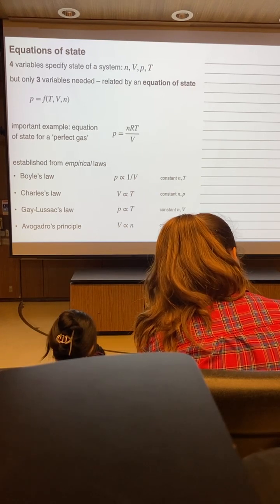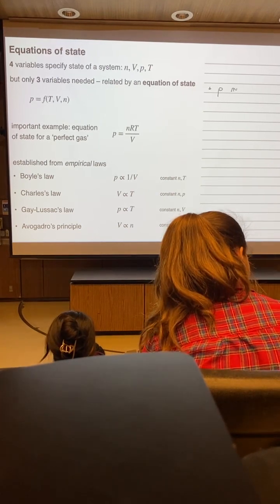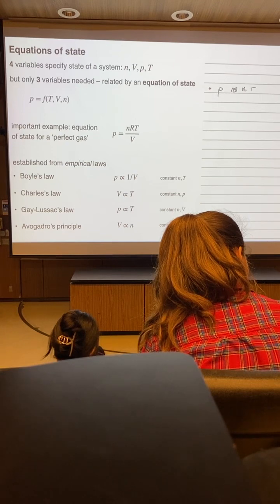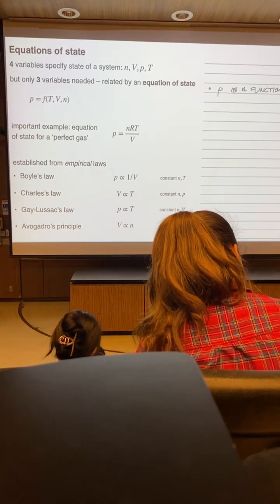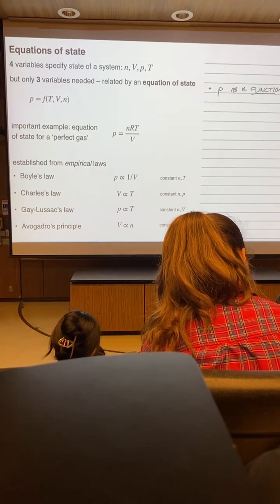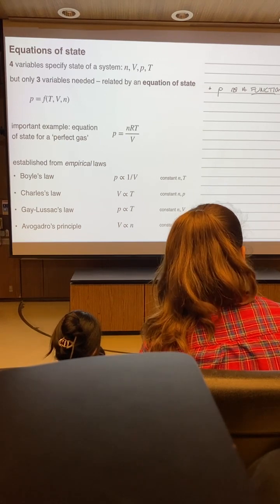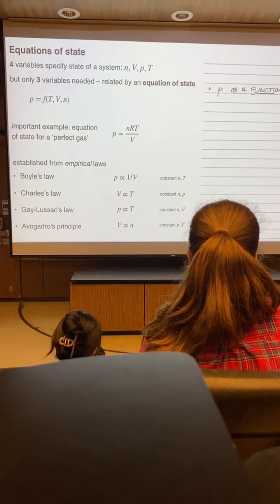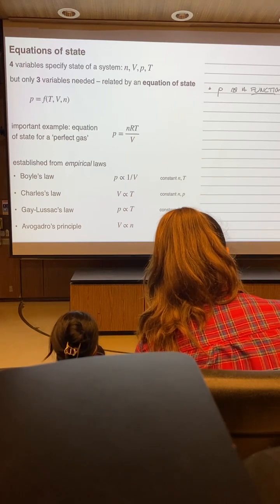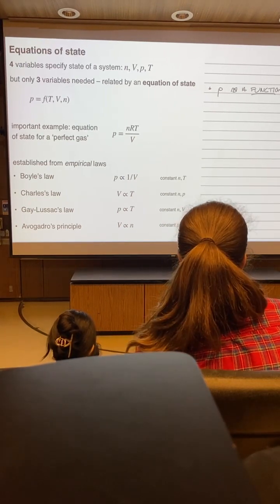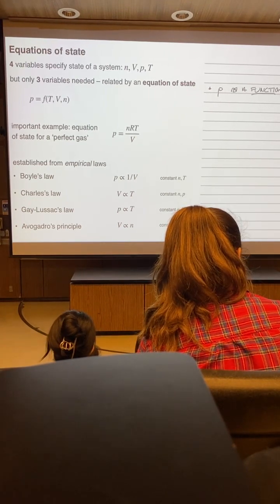So P is a mathematical function of T, V, the temperature, the volume, and the amount of substance. And in principle, every substance will have its own equation of state that connects these variables.